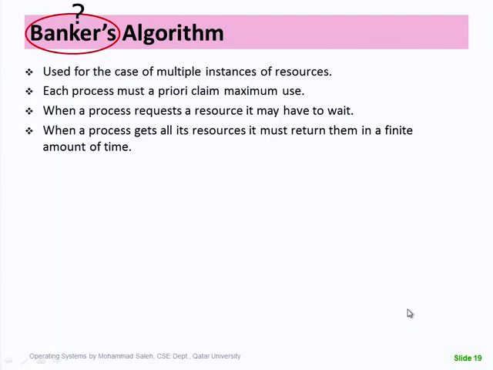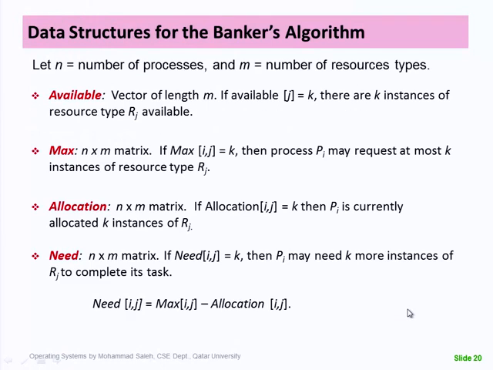Now, the general one, which is basically the banker's algorithm, can work for all, single and even what? Multiple instances. What we need to do is to have prior information about each process. In fact, the kind of information that is supplied is what we call max.